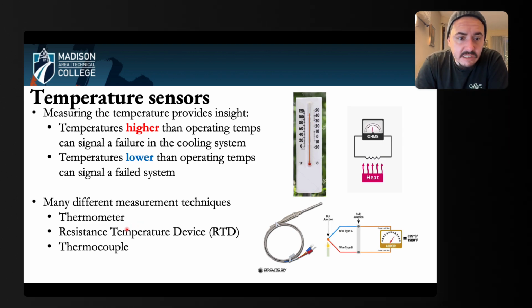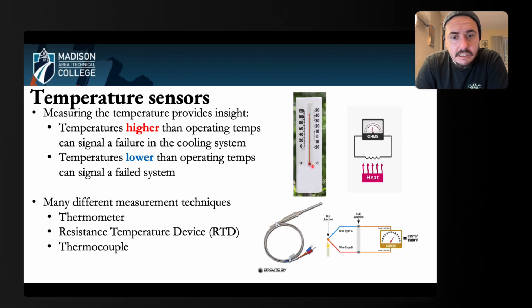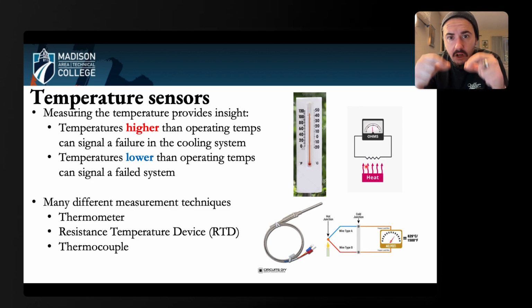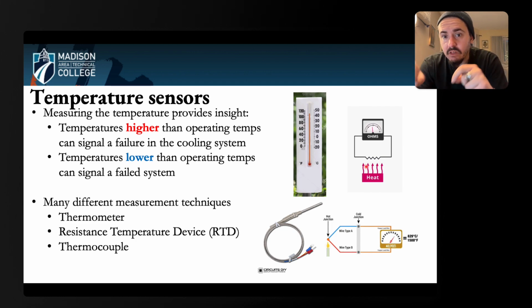There's a resistive temperature device, RTD. So this is a little circuit element, typically made out of platinum. And basically, the resistance of the platinum resistor changes with temperature.